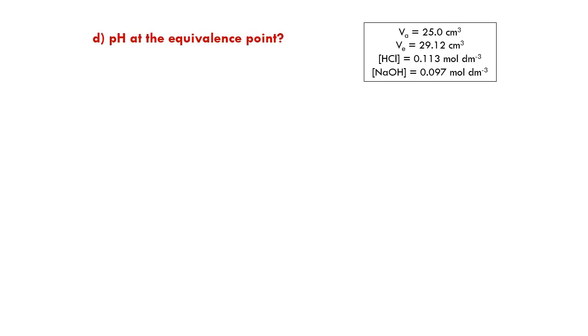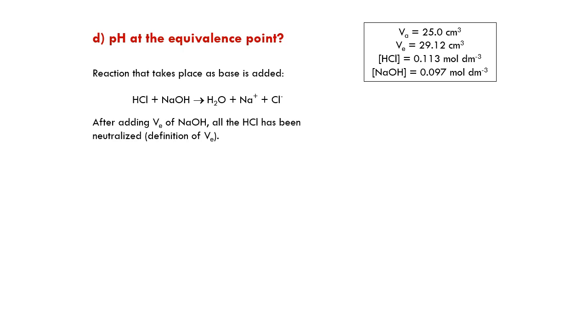So now let's look at the pH at the equivalence point. We know what it was initially, and we know what it was once we had added 5 cm³. Let's look at the pH at the equivalence point. What reaction takes place as the base is added? HCl reacts with our sodium hydroxide, producing water and sodium chloride.